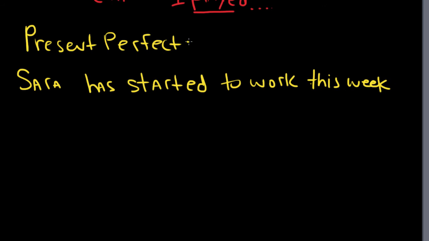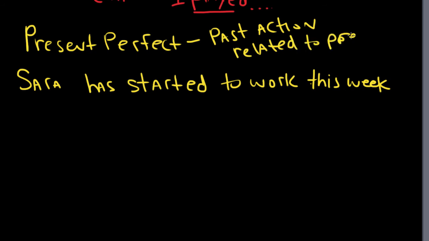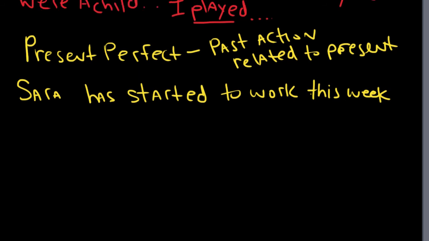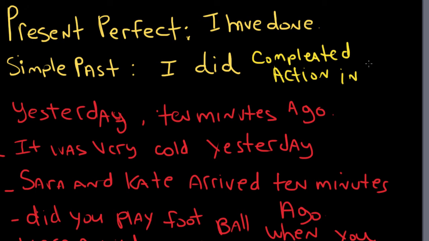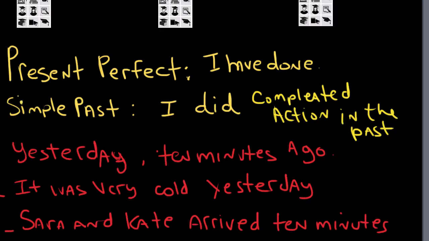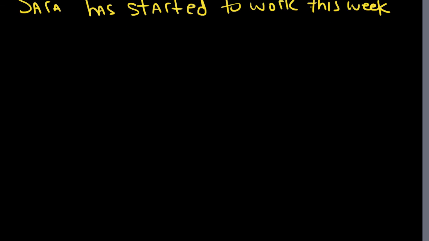We use the present perfect when we want to talk about a past action related to the present, whereas we use the past simple when we want to talk about a completed action in the past. Let's look at some more examples.